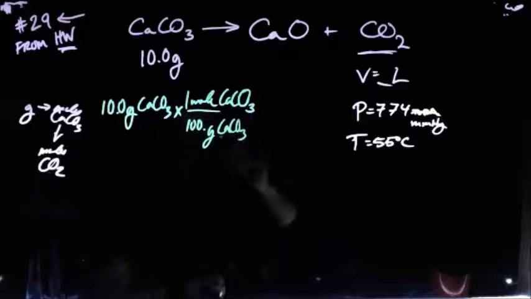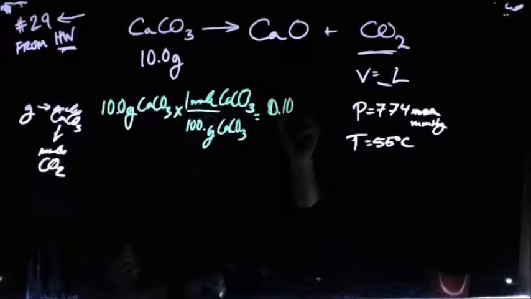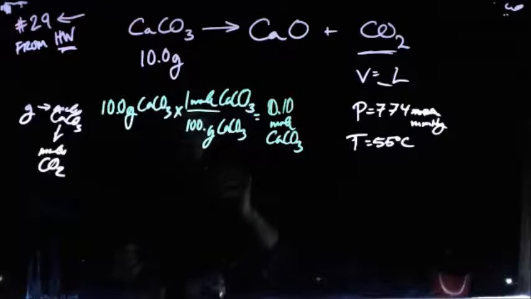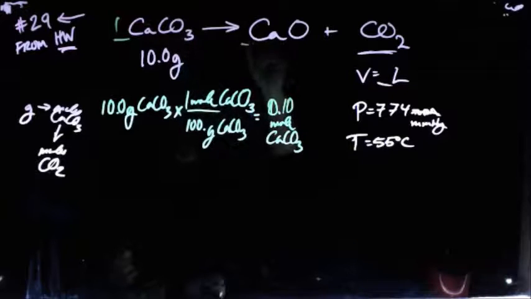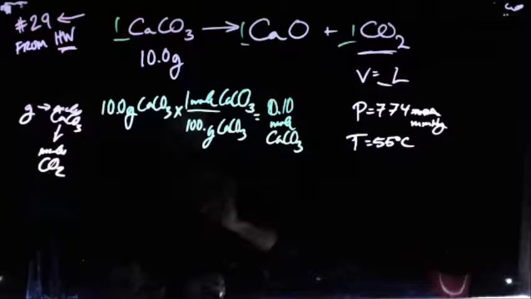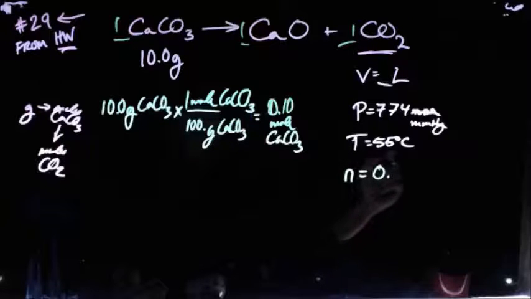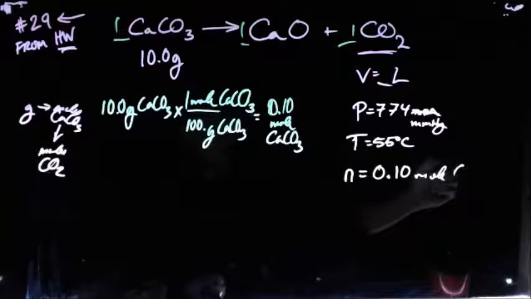So that means we are looking at 1/10, so 0.10 moles of calcium carbonate. And then since the balanced equation has all coefficients of 1, 1, 1, implied by there not being any coefficients, that means our moles of carbon dioxide is going to be 0.10 moles of CO2.